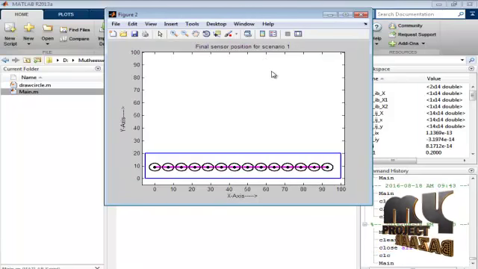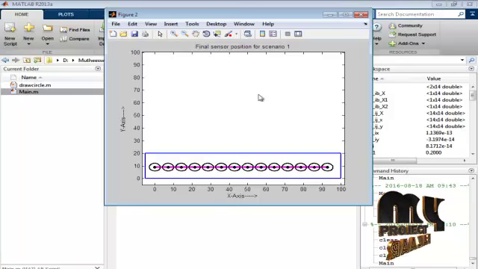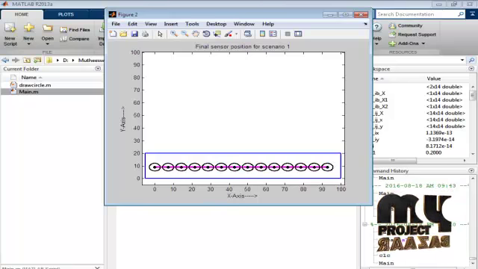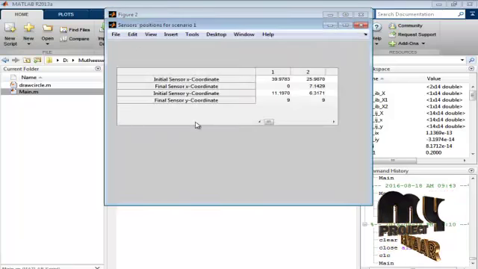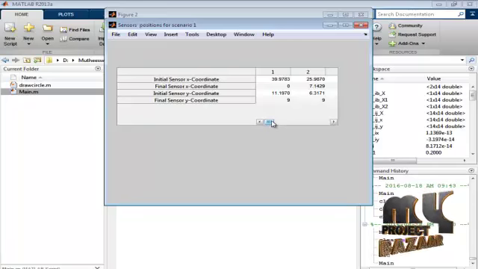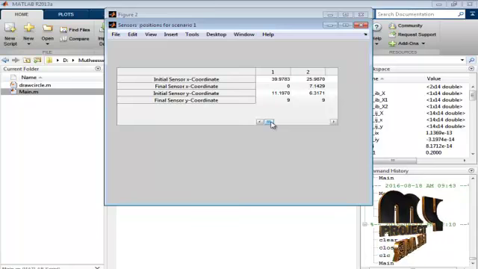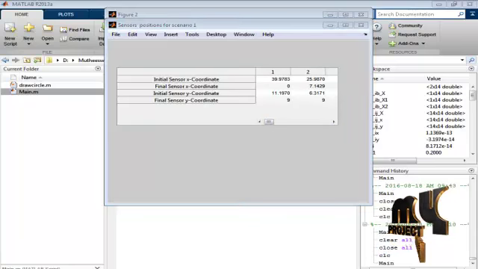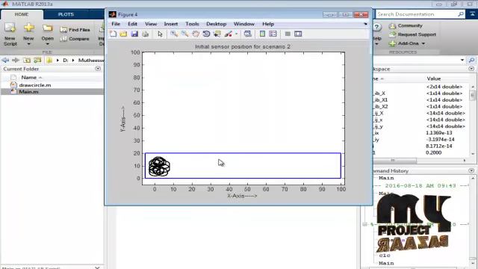After performing the scenario 1 scheme, we obtain the final sensor position within the rectangular field, and these are the initial sensor x and y coordinates and final sensor x and y coordinate values.